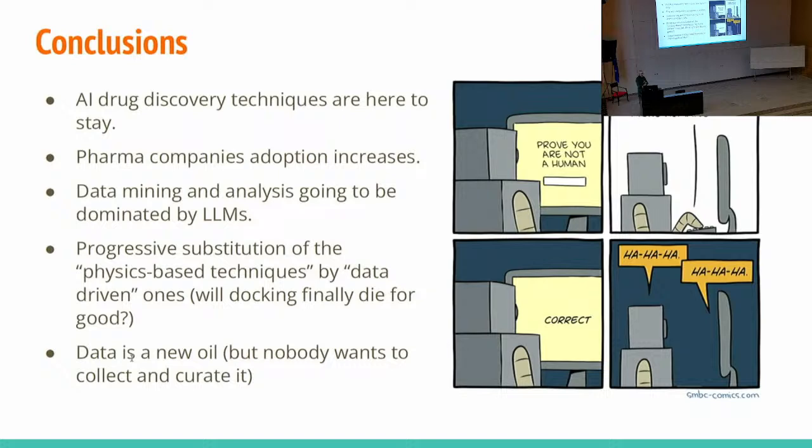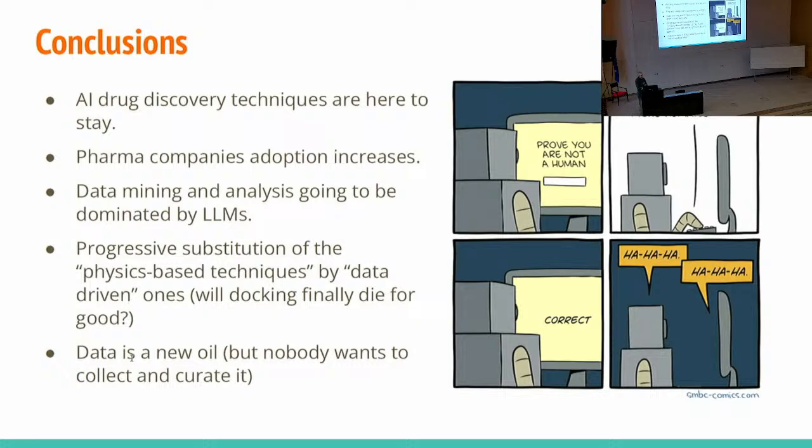And of course, we will see more and more usage of LLMs for data mining and analysis of the literature data, also in writing papers, which is another problem which I don't want to discuss here. We will also probably see progressive substitution of the physics-based techniques by data-driven techniques. So maybe finally conventional docking will die, we will see.